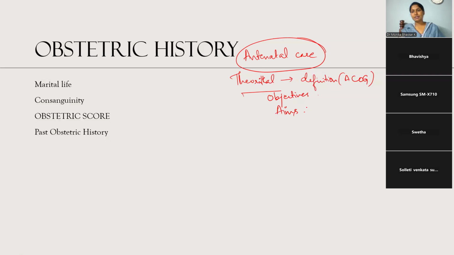But I will tell you the definition given by ACOG. I wanted to be precise, so I will read it out. ACOG defines antenatal care as a comprehensive antepartum care program that involves a coordinated approach to medical care and psychosocial help that optimally begins before conception, extends throughout the antepartum period.